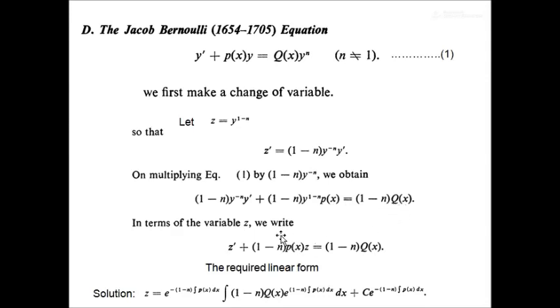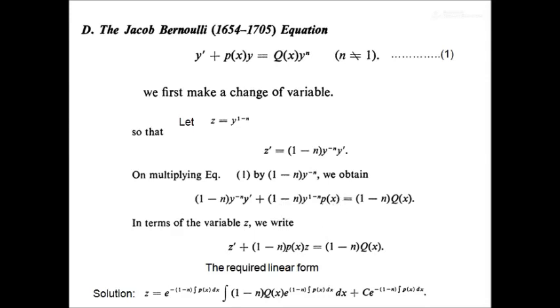In this term, if you put the new variable as z, this will be z prime, this will be z, and this remains as it is. Now P(x) becomes 1 minus n into P(x).